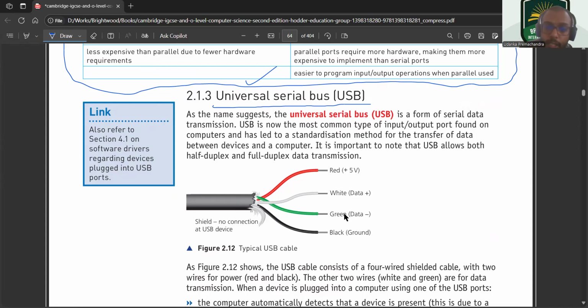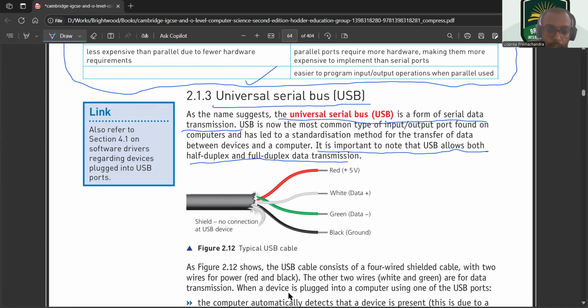It is important to note that USB allows both half duplex and full duplex data transmission. It is serial data transmission.